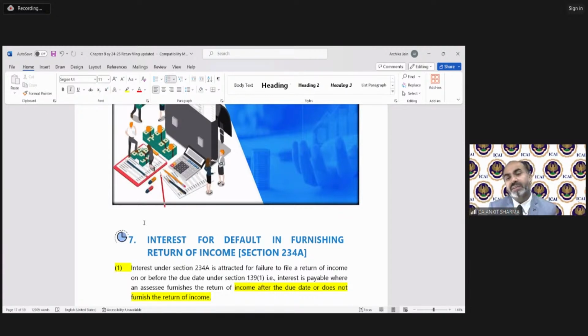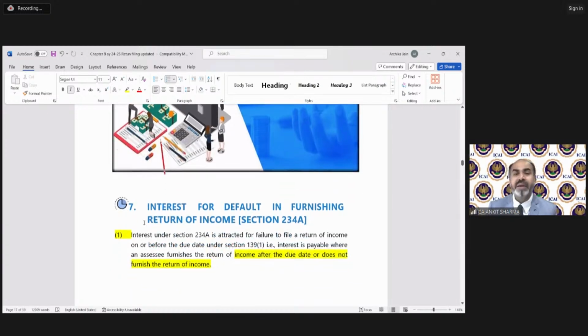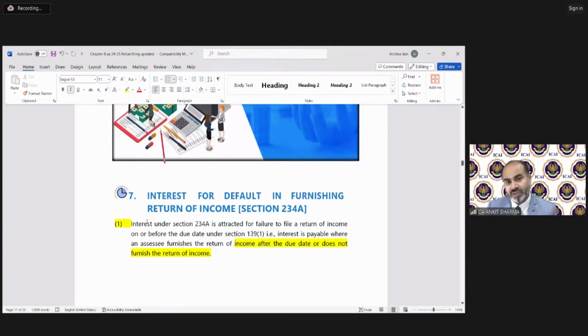So when interest under section 234A will be applicable, when it will be charged, the heading says interest for default in furnishing return of income up to due date. So if you are not able to file your return of income up to due date, then you might need to pay interest under section 234A. How it will be calculated? What is the provision that we will be discussing?